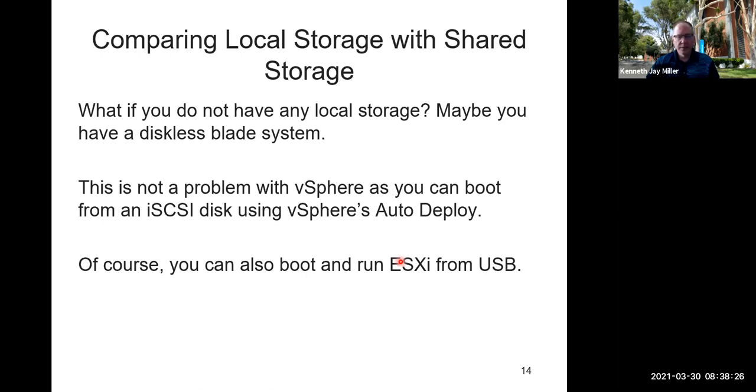So there are a lot of options to get our hypervisor running with very little hard drive space. As a comparison, the thumb drive I'm using to boot all of our ESXi servers is only 16 gigabytes. Those are small thumb drives by today's standards, so you don't need a big one.